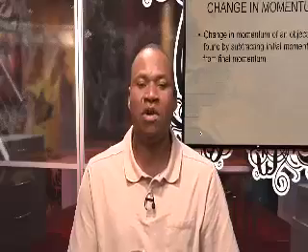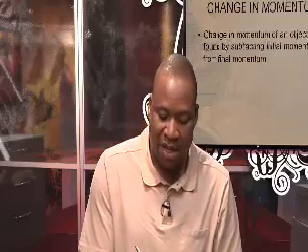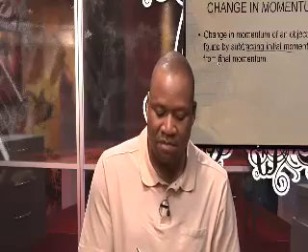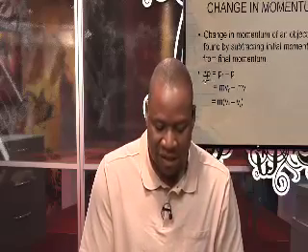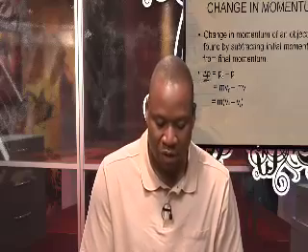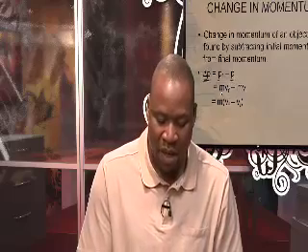Now, change in momentum. Momentum can change. The change in momentum of an object is found by subtracting the initial momentum of the object from the final momentum. This delta p means change in momentum. It is equal to momentum final minus momentum initial.